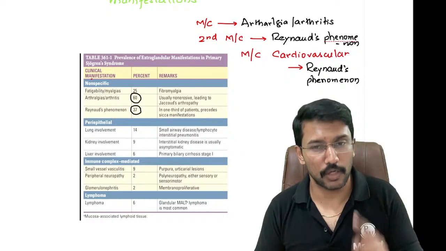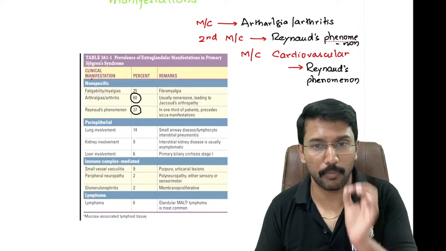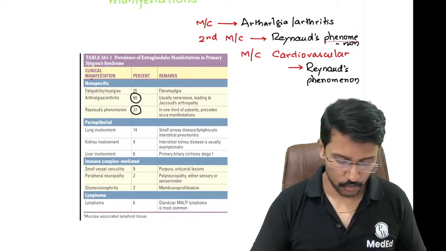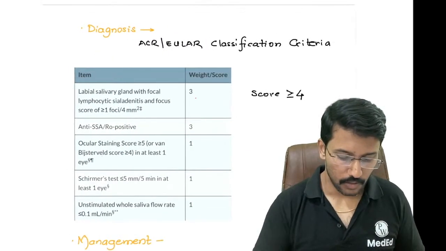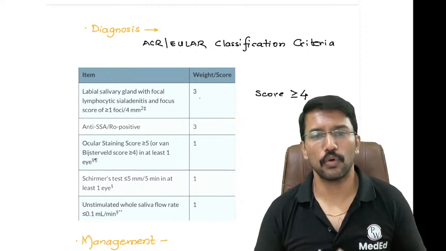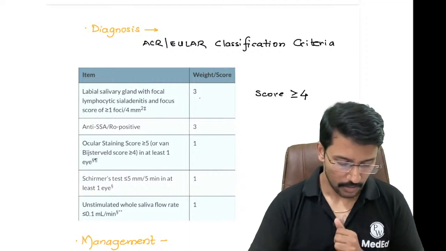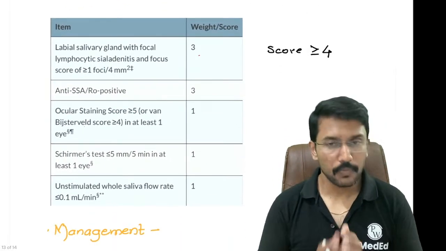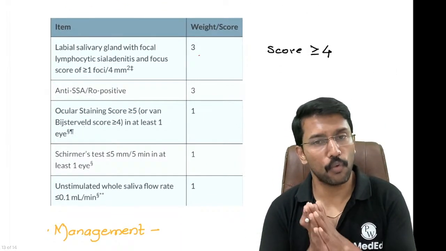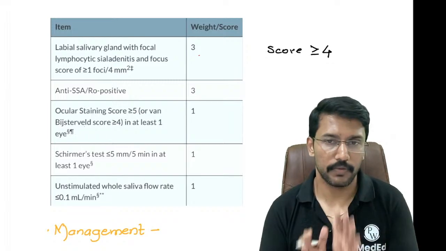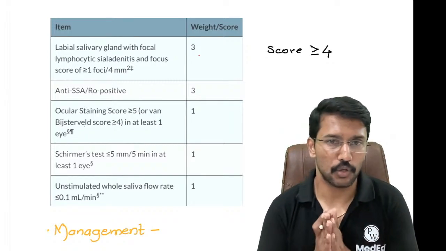For diagnosis, if a biopsy is needed, labial biopsy is the site to be chosen. Now, how do we make a diagnosis? We follow the ACR EULAR criteria, just like we have for SLE, right? According to this, when we get a score of 4 or more on this table, we classify the case as having Sjögren syndrome.